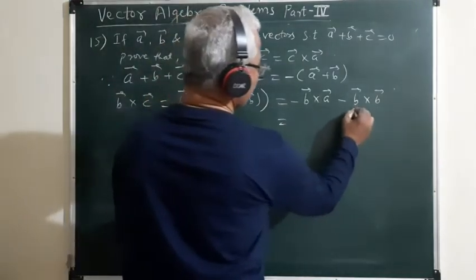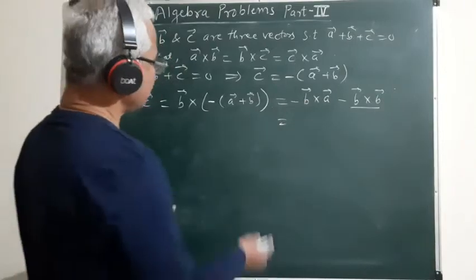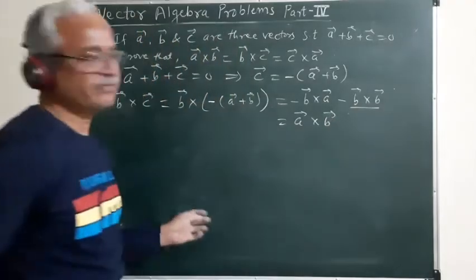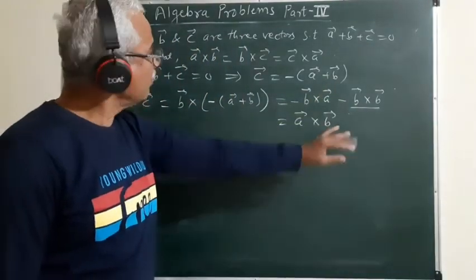So b bar cross b bar is 0, and minus of b bar cross a bar is nothing but a bar cross b bar.